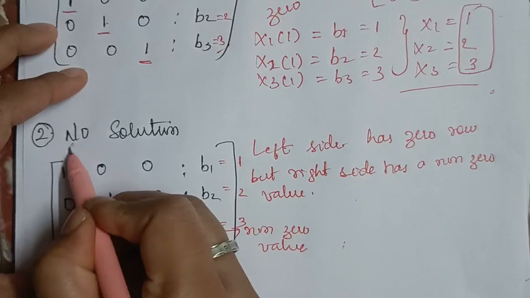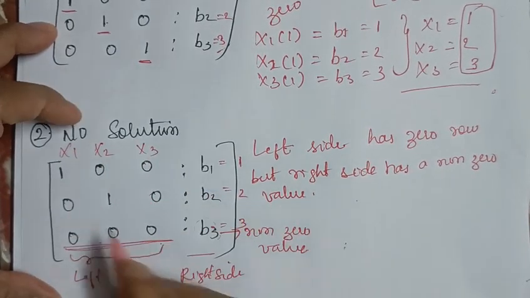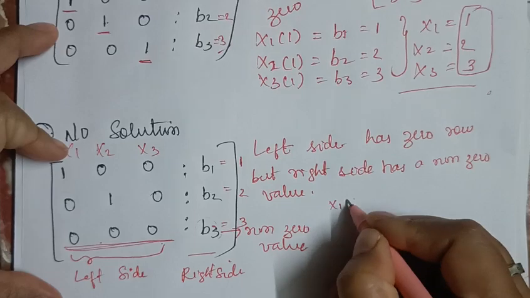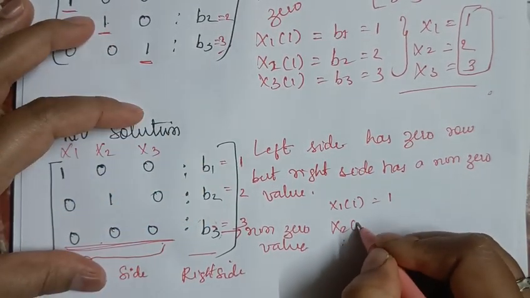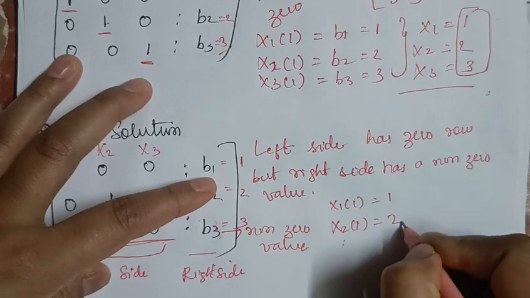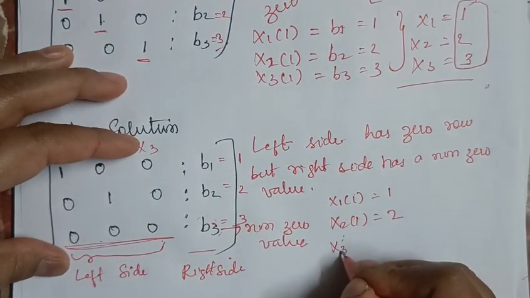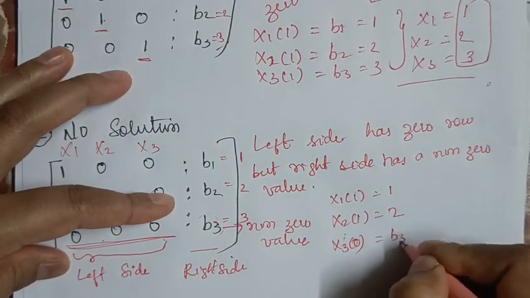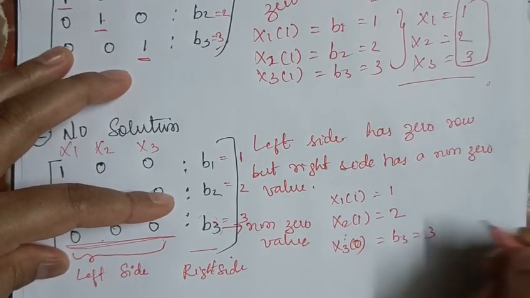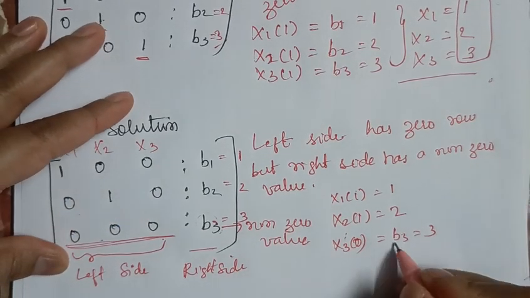So again, this is the coefficient of x1, x2 and x3. Here x1 into 1 is equal to 1, x2 into 1 is equal to 2, but x3 is multiplied by 0 only, and that equals b3, which has some non-zero value, 3 or 4, anything but 0.